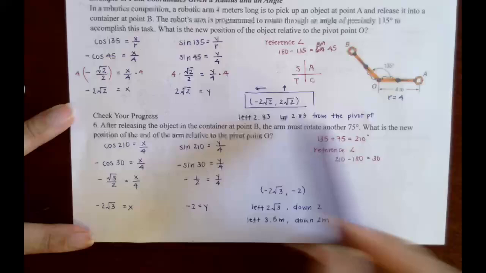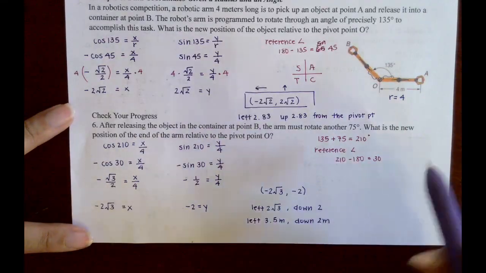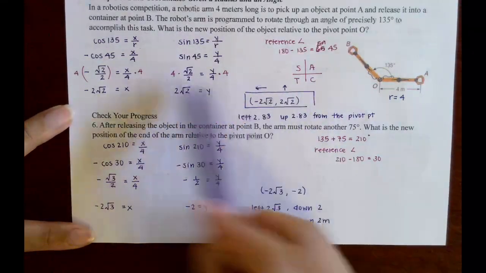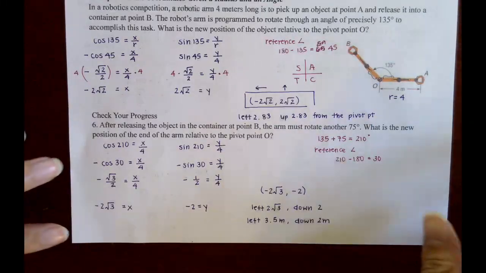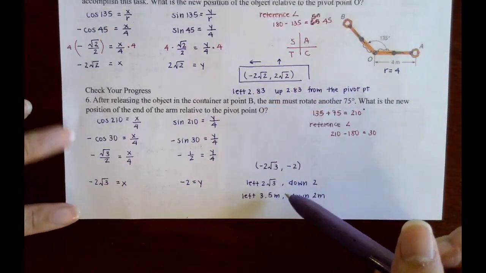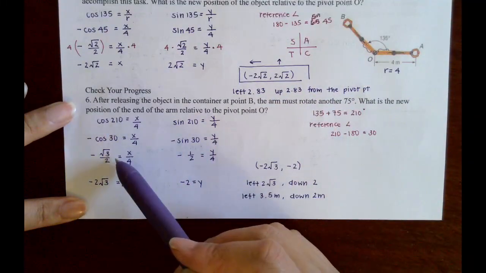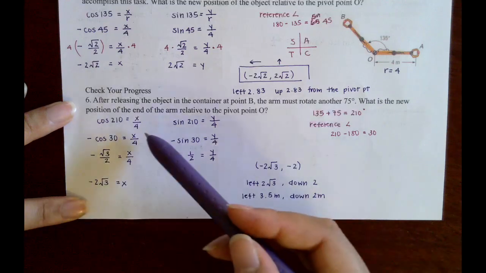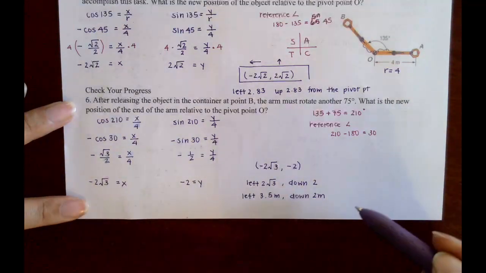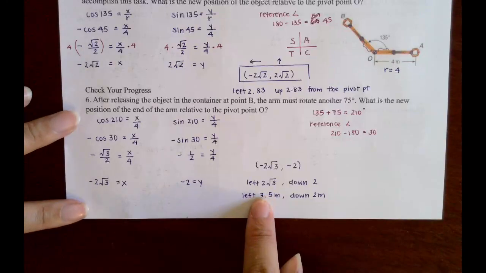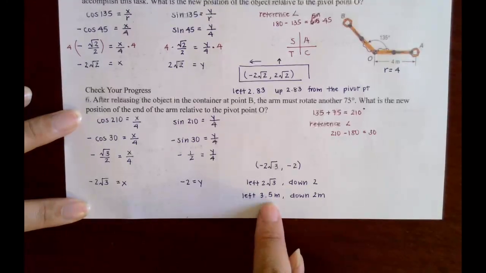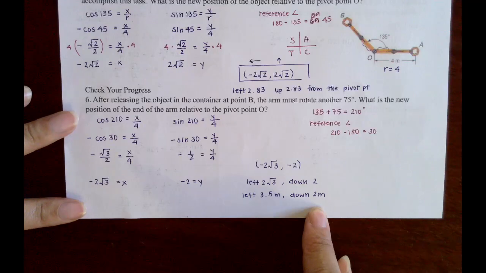So it's weird how the book kind of combines it. I think it just wants you to practice some of your unit circle stuff and things like that. But ideally, if you're going to eventually use a calculator, why not just use that? But, yeah, so your new position would be it's left 3.5 meters from the pivot point and it's down 2 meters from the pivot point.